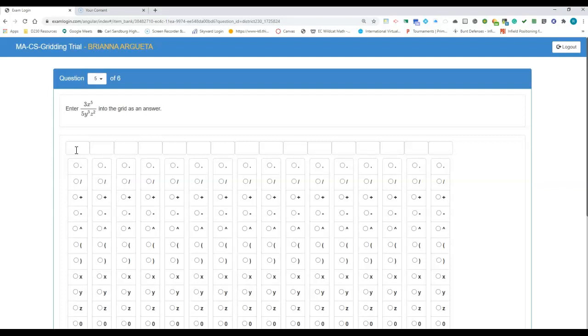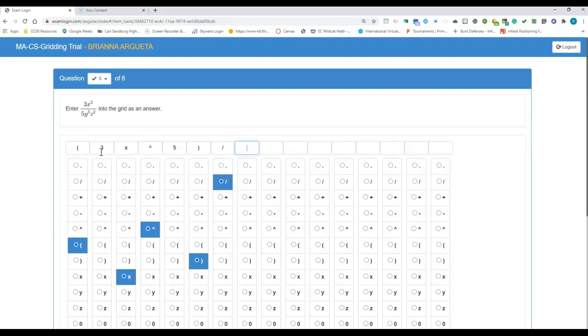So when I go to put this problem in, I'm going to start my numerator by opening the parentheses. And then I'm going to type in, as I see it, 3x to the 5th, and I'm going to close my parentheses because I'm done with my numerator. I'm going to hit the / button, for the fraction bar.